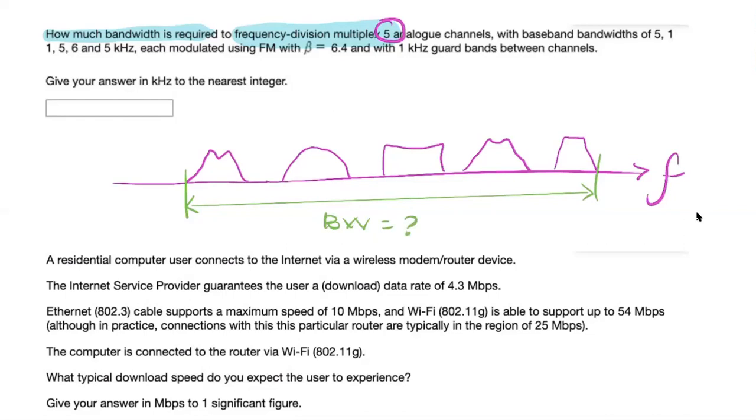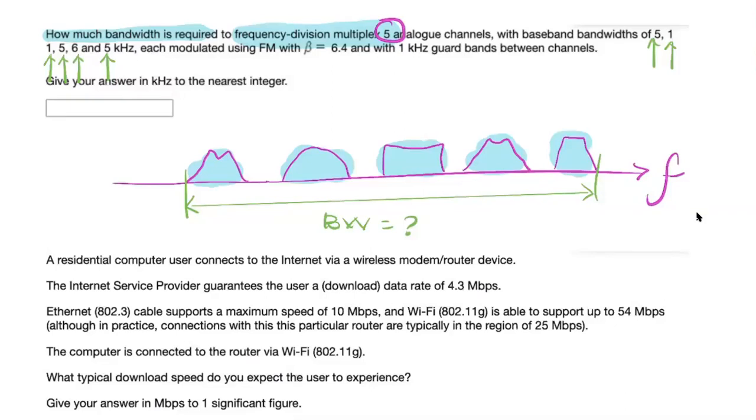So that will depend on the bandwidth of each of these channels. So each of these will have its own bandwidth, okay? And in this case, they're not the same. So each of these have unique baseband bandwidths. So 1, 2, 3, 5, 1, 1, 5, 6, and 5.